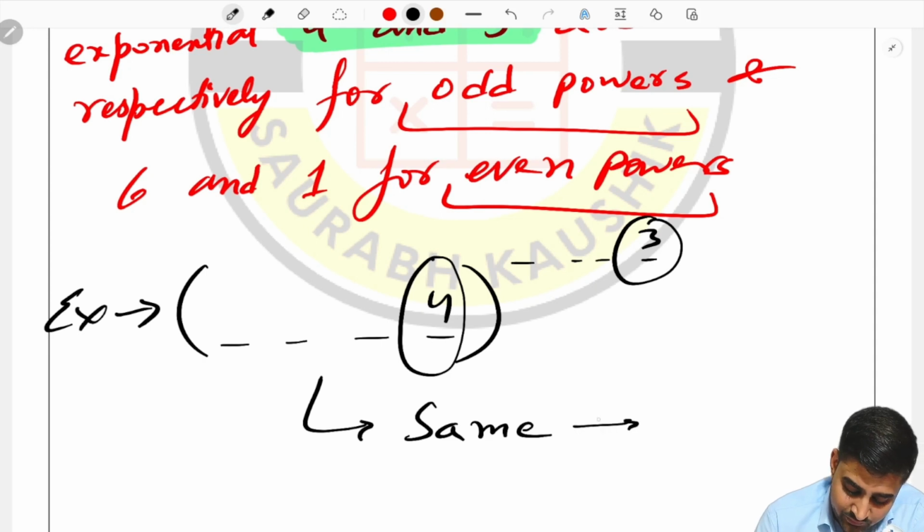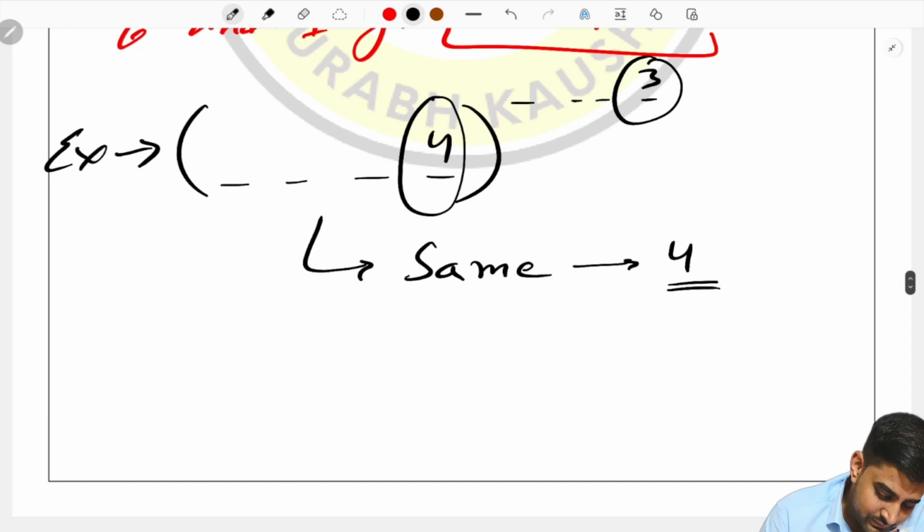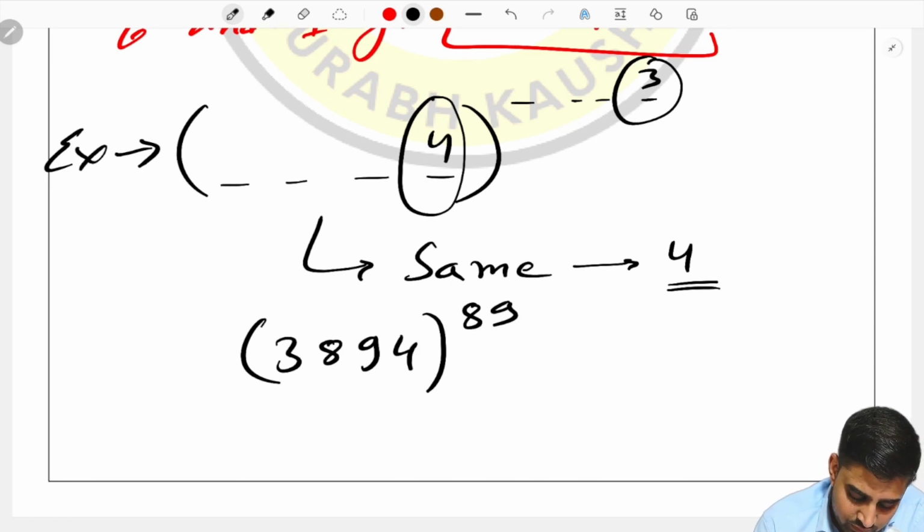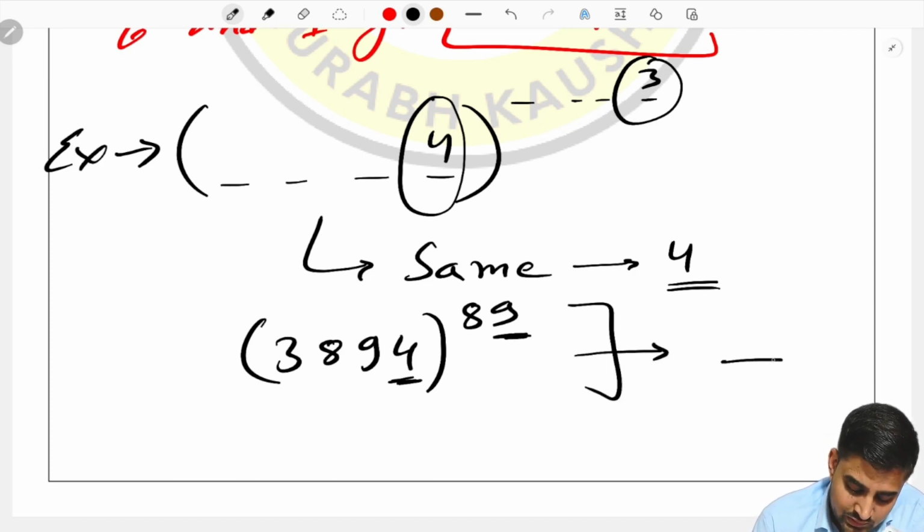What same? The unit digit 4. For example, if there is 3894 power 89, now it is 4. Here is 4 and power is odd. In this case, the unit digit will always be 4.